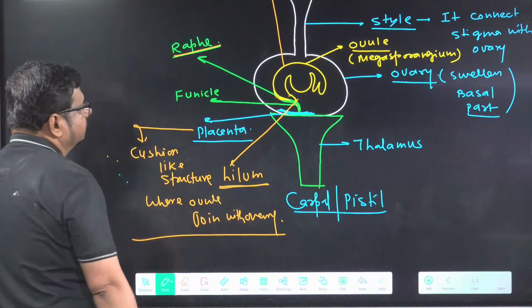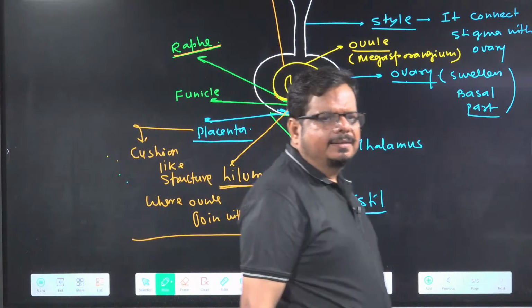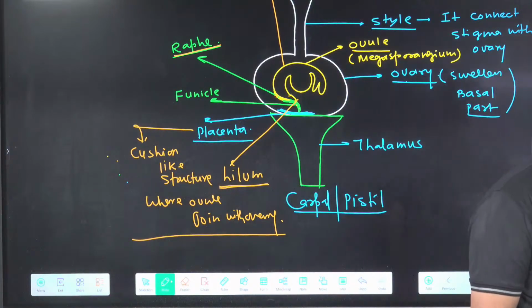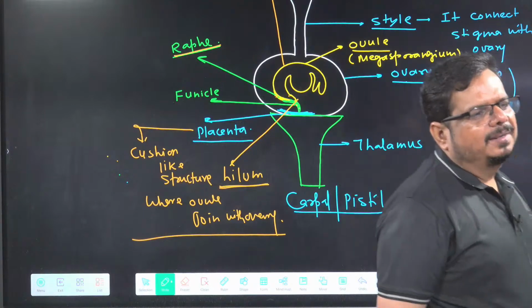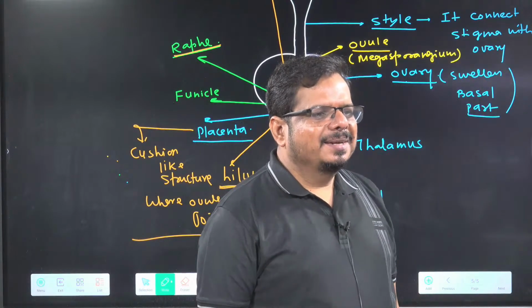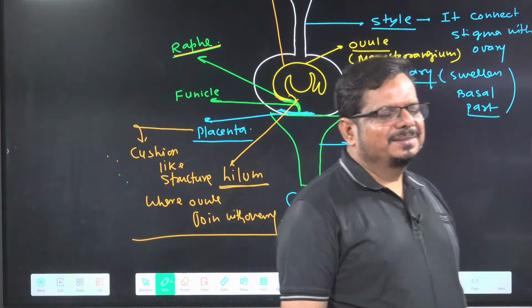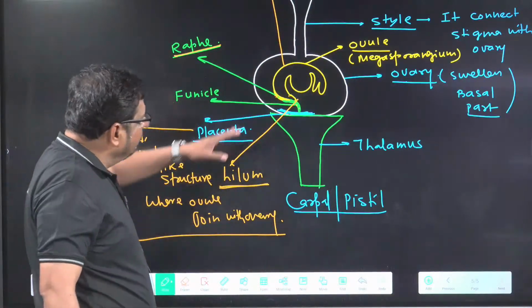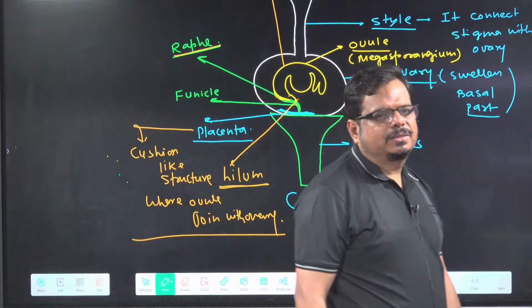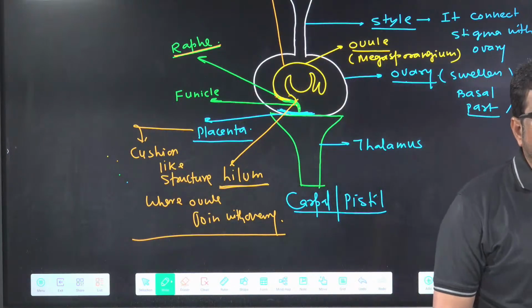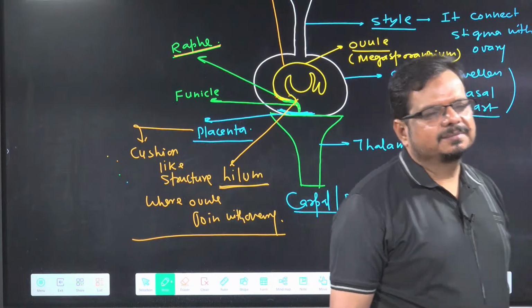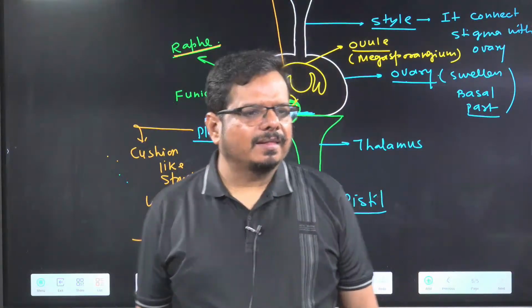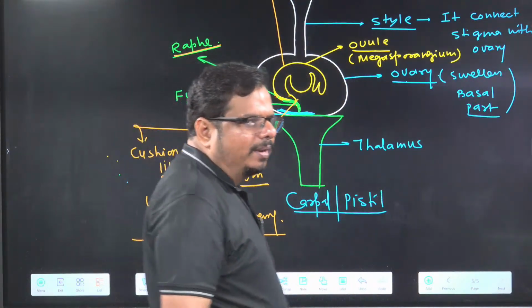Picture came or not? Everything is okay. Nucellus, embryo sac, everything we will discuss in reproduction in flowering plants. Till now, this basic idea you must know. Is it clear? Can we move ahead?